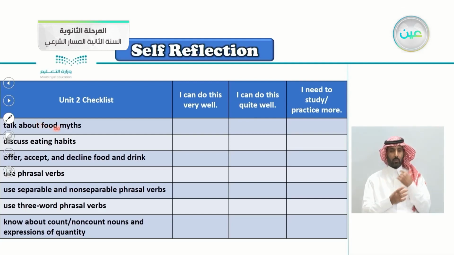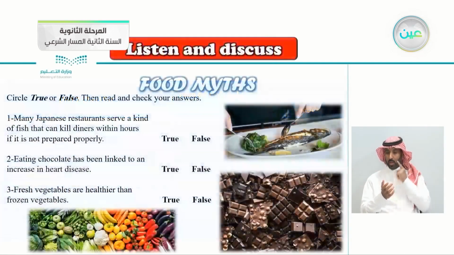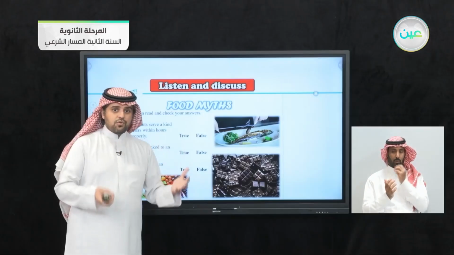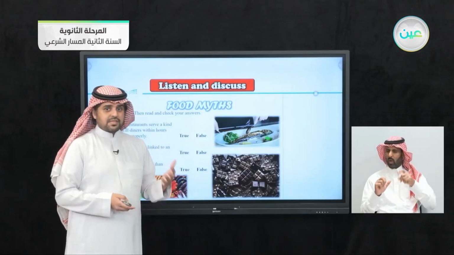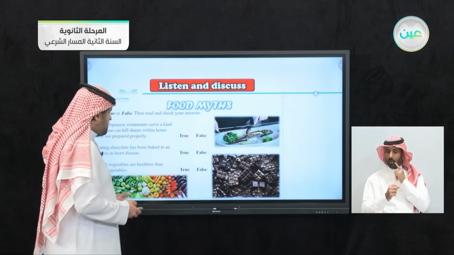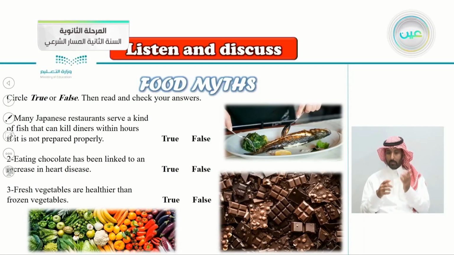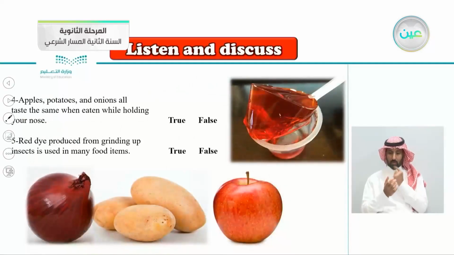Talk about food myths. If you remember the first lesson, we talked about some myths about food, like the fish in Japan and the chocolate and the frozen and the fresh vegetables, and how apples, potatoes, and onions all taste the same when eaten while holding your nose.